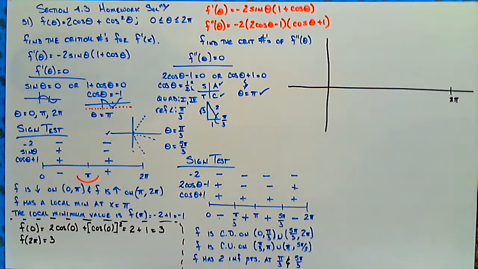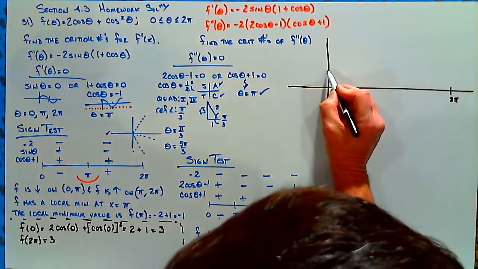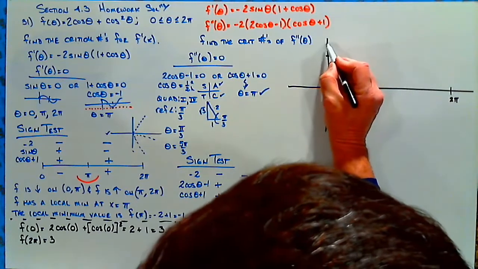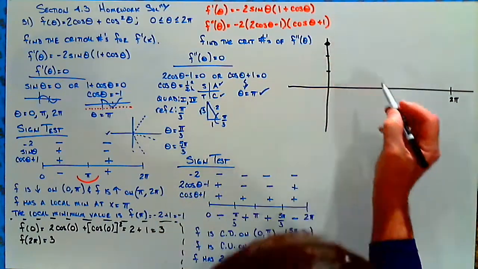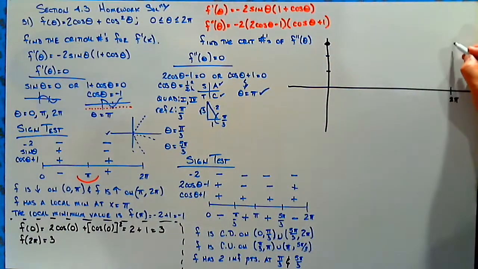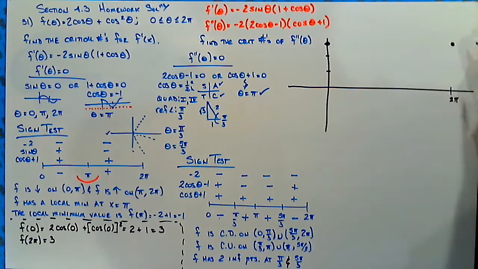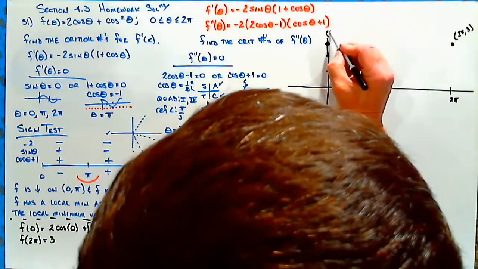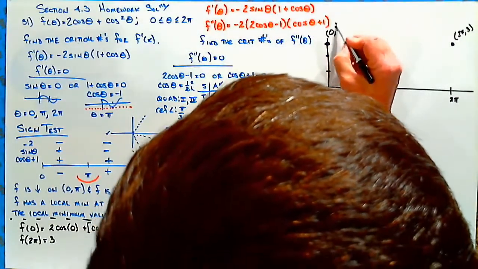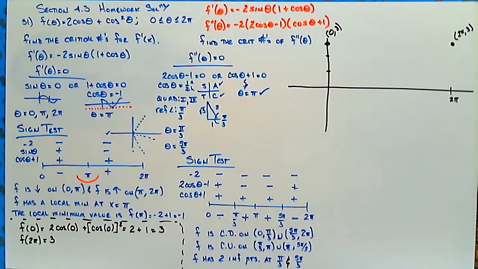So on our graph, those points are going to be, we'll just go 1, 2, 3. We're going to have 3 here, and over here we're going to have 3. Okay. So this is the point 2 pi, 3, and this point here is 0, 3. Okay, those are two important points on our graph.